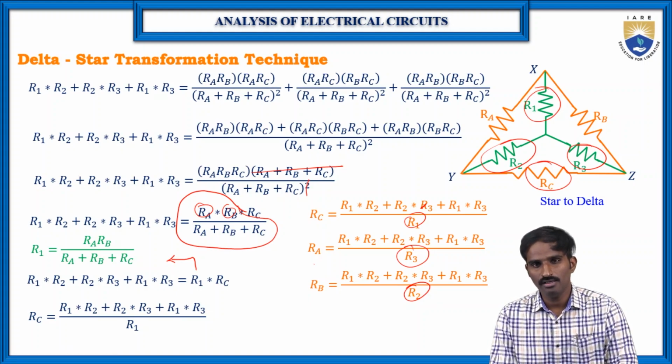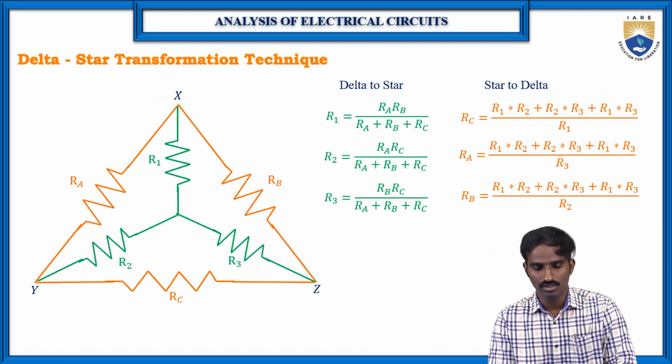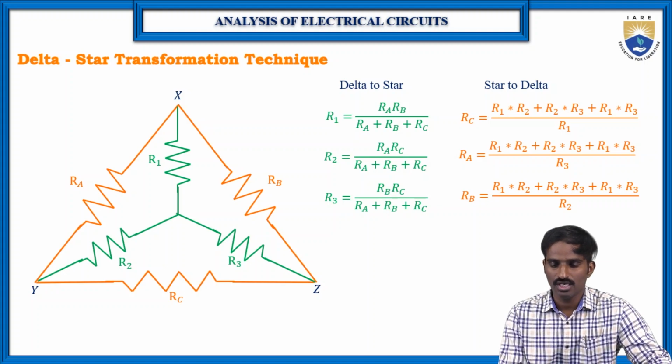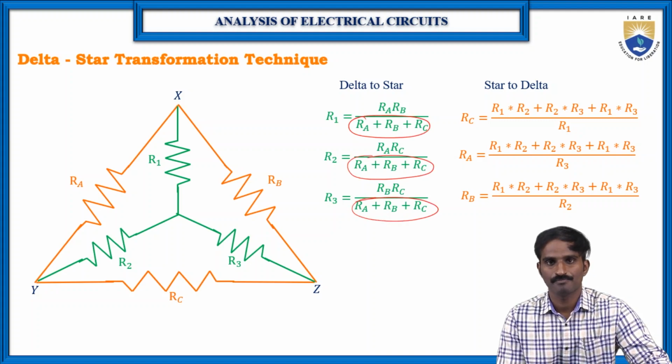So this is star to delta. In star to delta, the numerator is the same but the denominator is different. But in delta to star, the denominator is the same but the numerator is different. Just remember these points. Here this is delta to star and this is star to delta. In delta to star, the denominators are the same, RA plus RB plus RC.